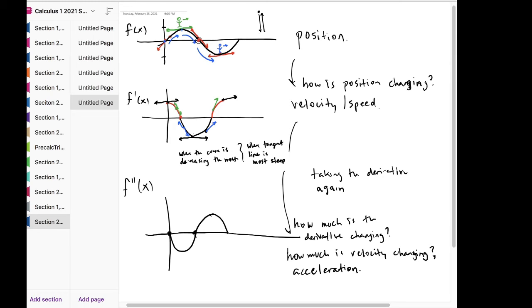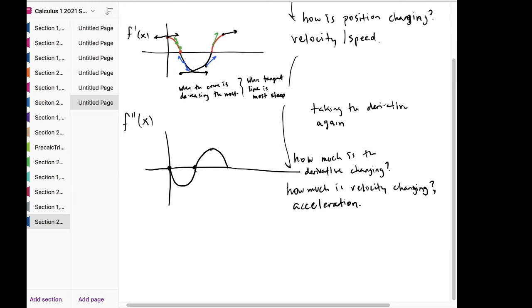So these really have physical applications. The acceleration is just the derivative of velocity, and it's found in the same way. The limit as x approaches a of f prime of x minus f prime of a over x minus a. This is acceleration.